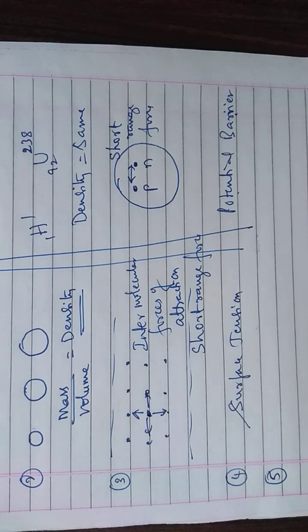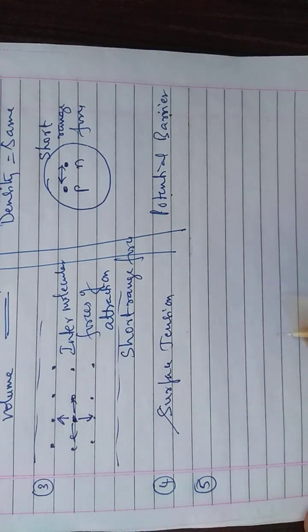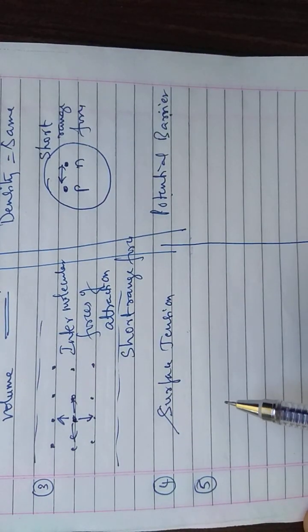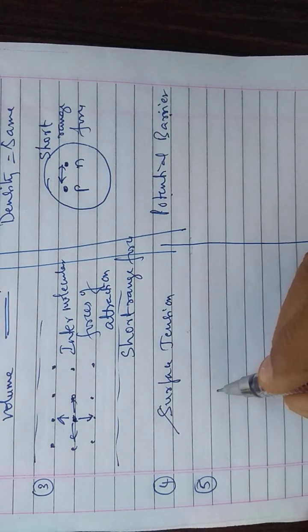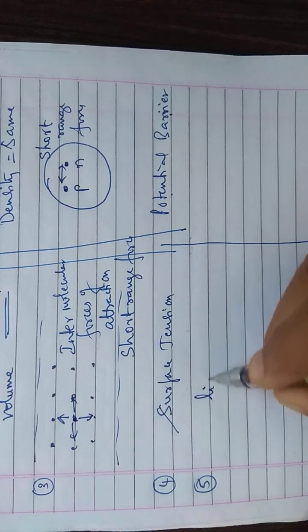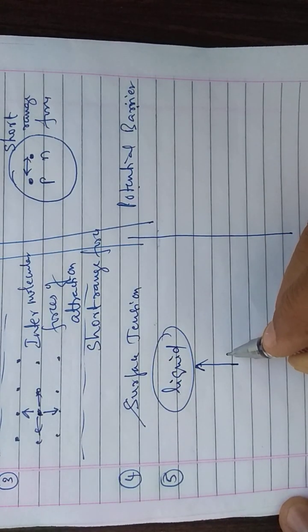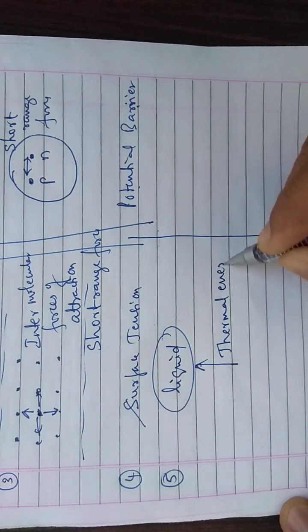Fifth point, number 5. Let us consider the case of the nucleus and the case of liquid, whatever it may be. We are going to give some amount of energy here from outside. For example, if liquid is present here, for this liquid I am giving some external energy in the form of thermal energy, heat energy.